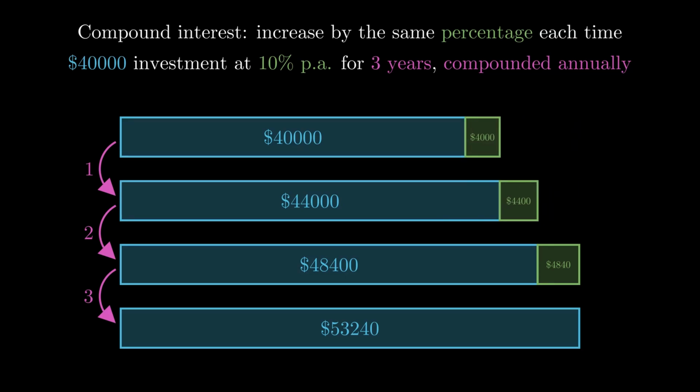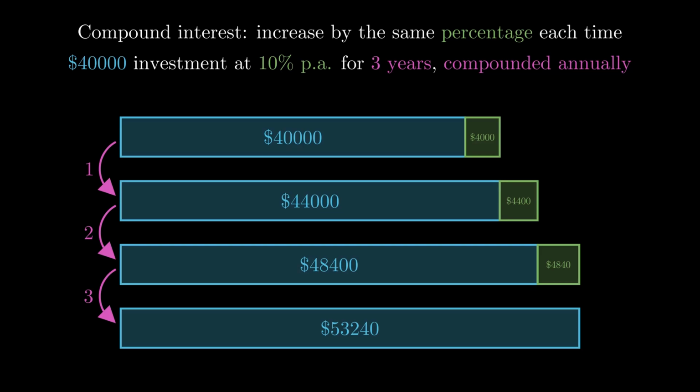That's because as the money grows, that fixed percentage, the 10% thing, is going to be worth more each time as our bank account grows. That 10% doesn't stay the same, it grows with the value of our account. So compounding more frequently will always give us just a little bit more interest because it speeds up that snowballing process.